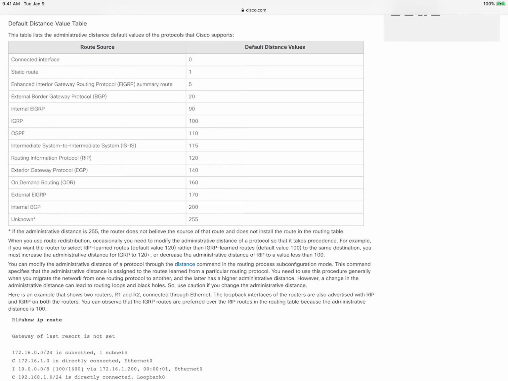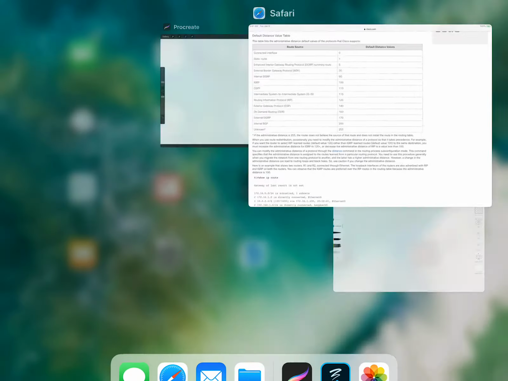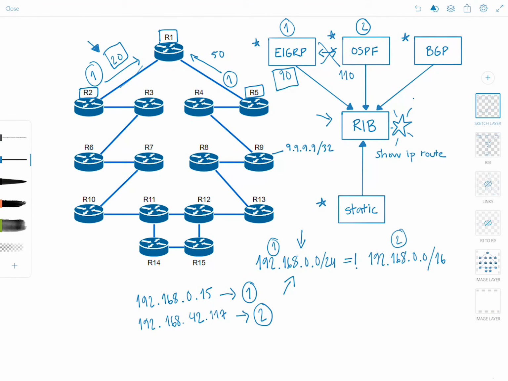And these are just default values. You can actually change them under the routing process with the distance command. But if you do this, then you need to make sure that the distance is consistent throughout your network.